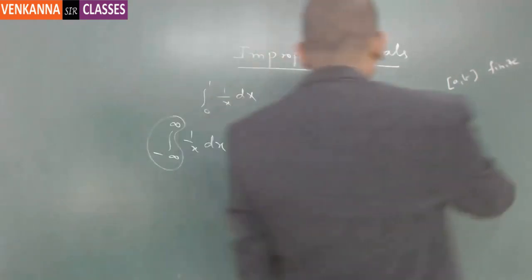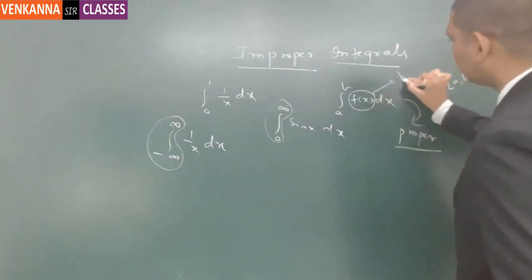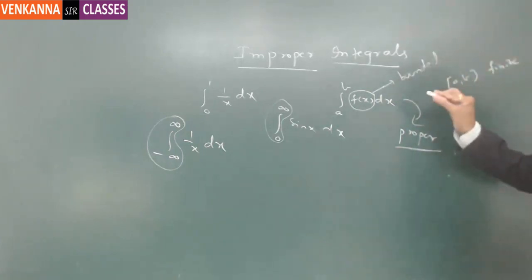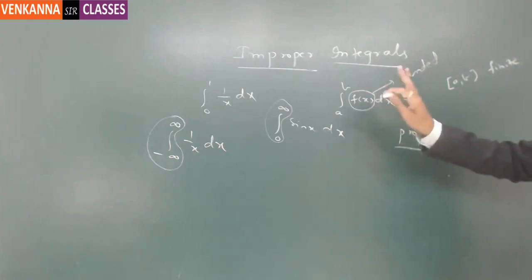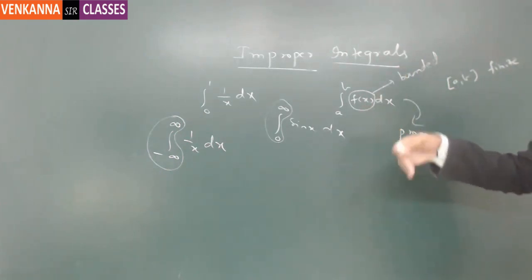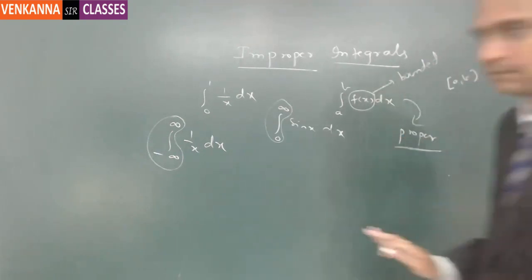The second one is that the function you are taking must be bounded, because in Riemann integrability we have learned that integration should exist for a bounded function. I mean, in order to evaluate the integration of a function, f must be bounded.